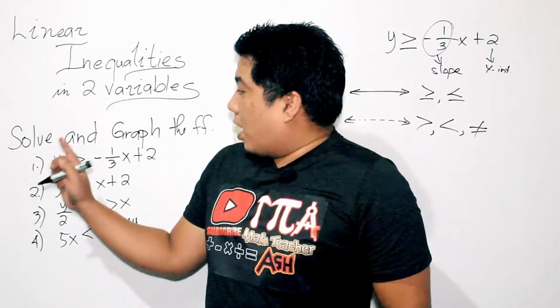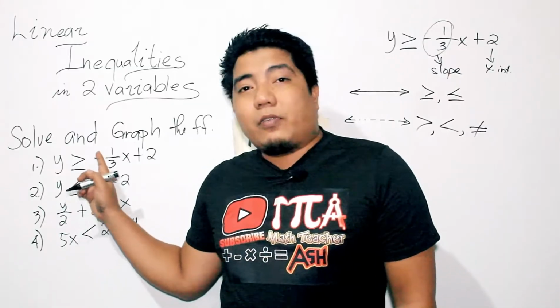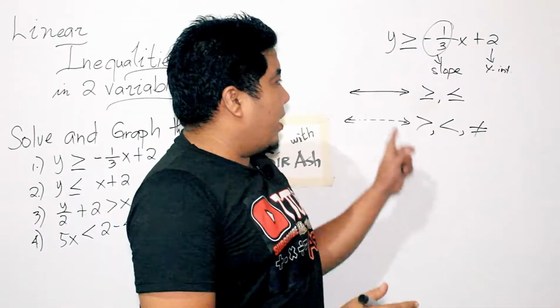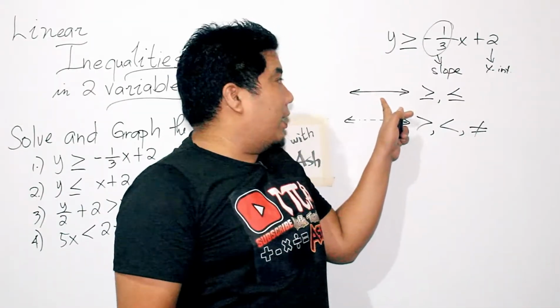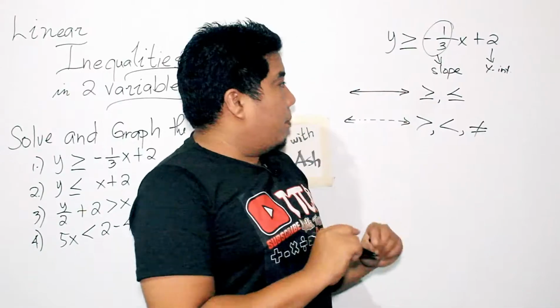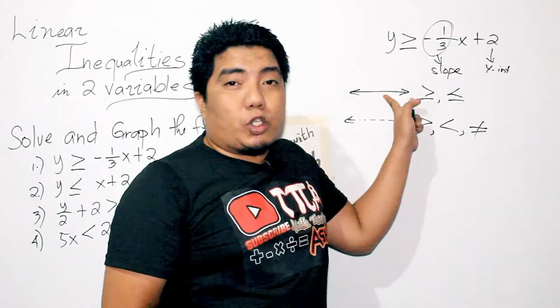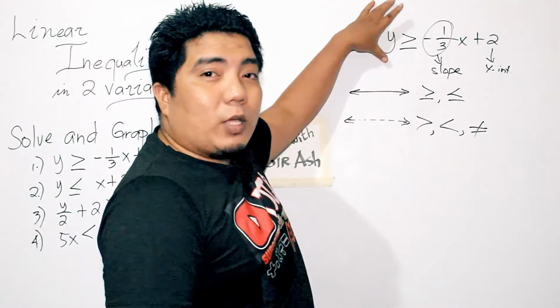So, since our first two inequalities use either the greater than or equal to symbol or the less than or equal to symbol, then the line of our linear inequality is a solid one. Meaning, the points lying on this graph will be part of the solution. Okay? So now, let us solve our inequality.